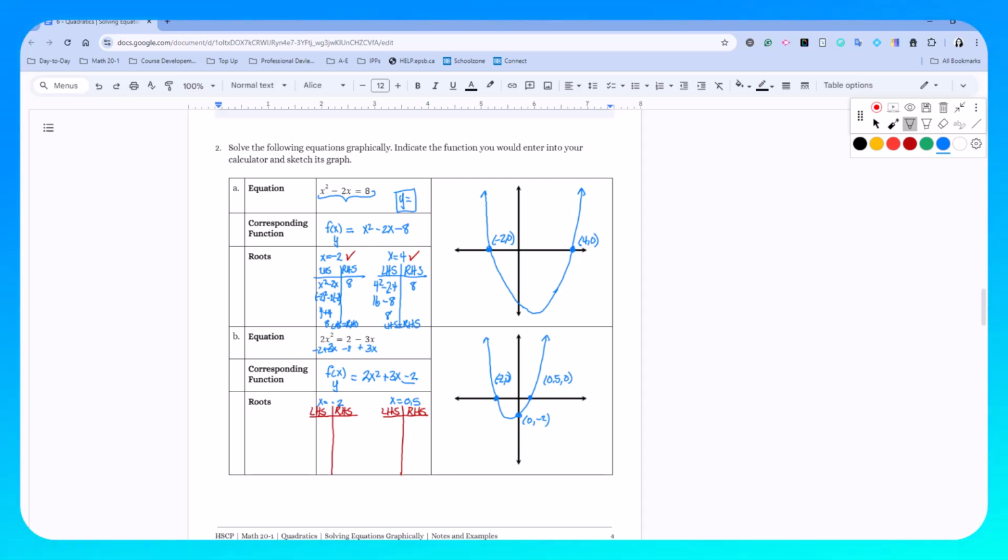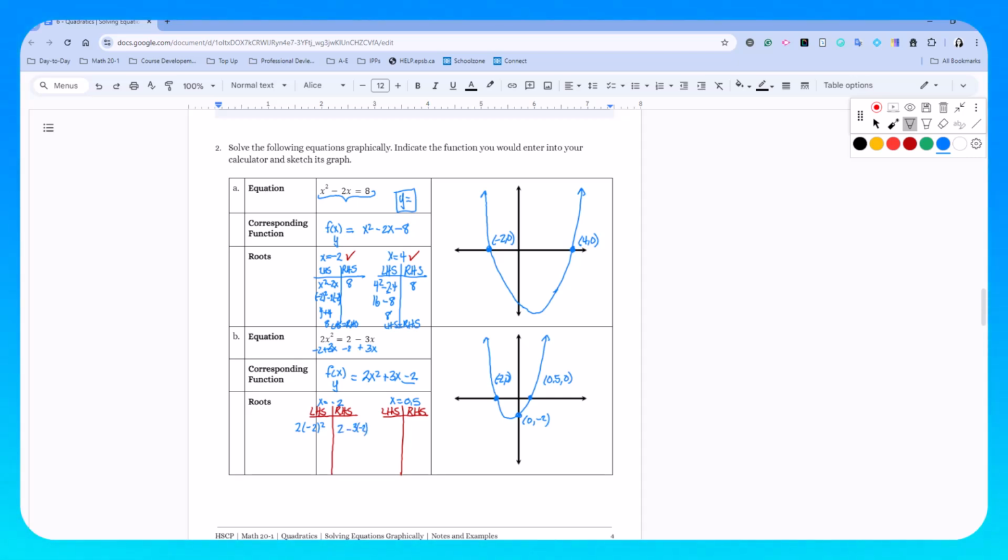So let's go to the negative 2, and we're going to make that substitution to verify. Oh, sorry, I've gone back to the first one. Let's get rid of that. Let's go and say 2 times negative 2 squared equals 2 minus 3 times negative 2.